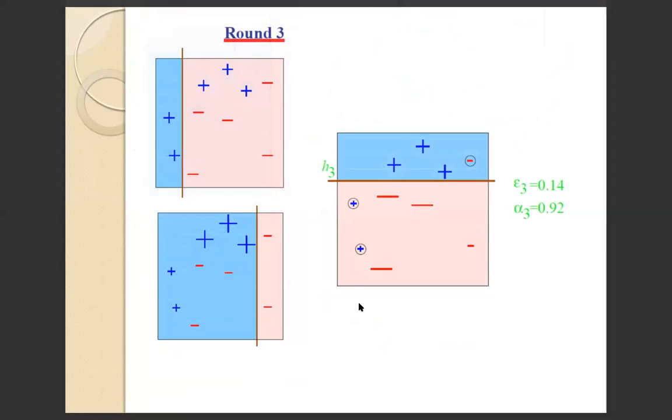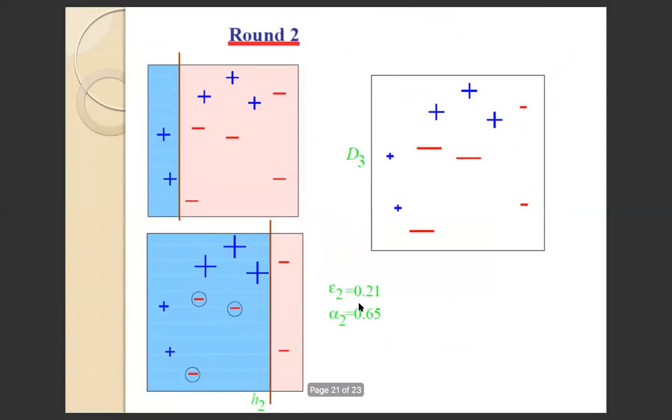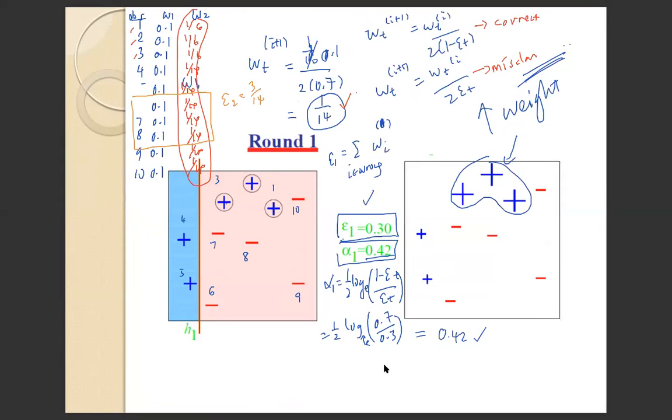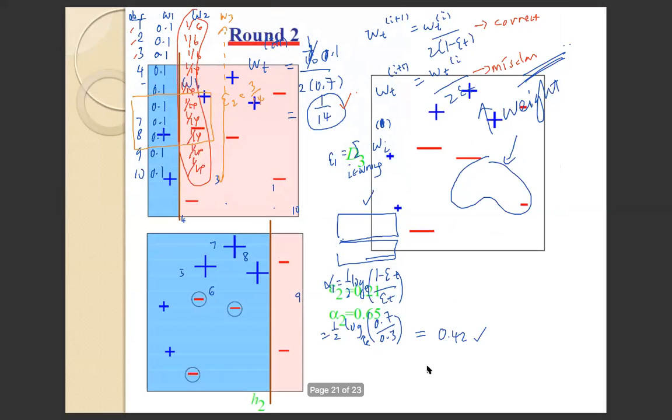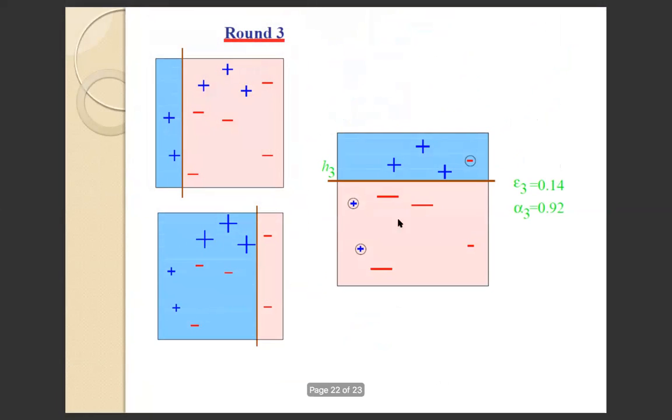And then after that, you will create an update for this column, okay? So you update this column with the new weights. Okay, and finally you have one more round over here.